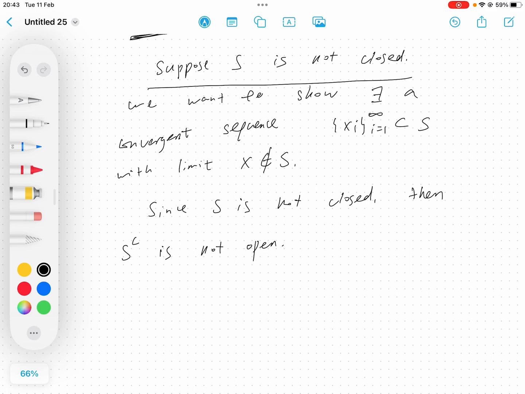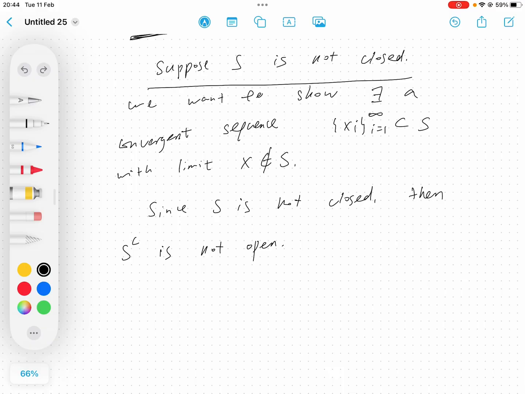That's something that we can say. Although we cannot say that S is open, when S is not closed, we can say something about S complement, that it is not open. This is pretty easy to show, and you can do this by yourself.